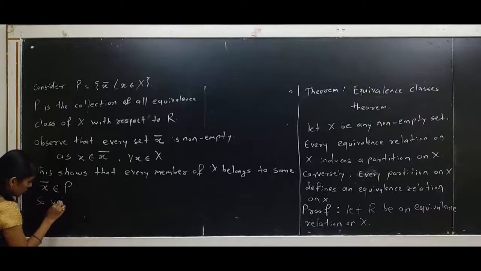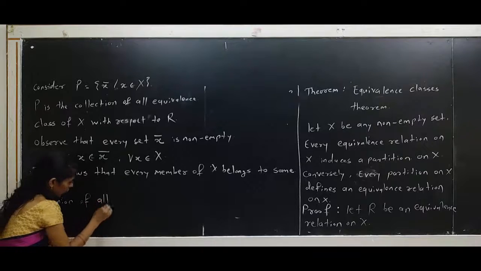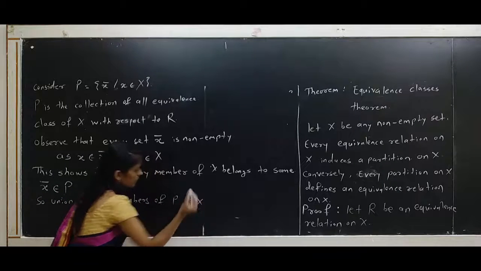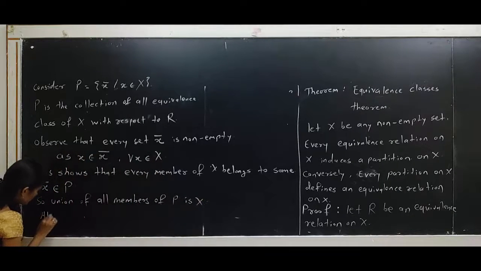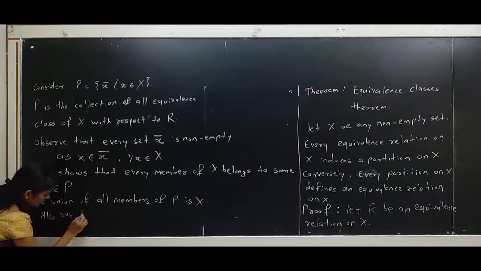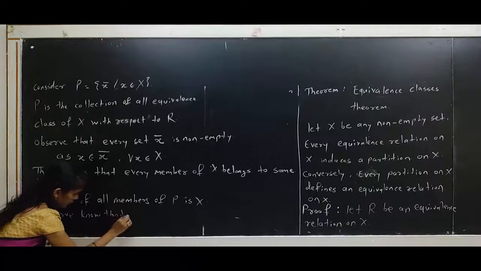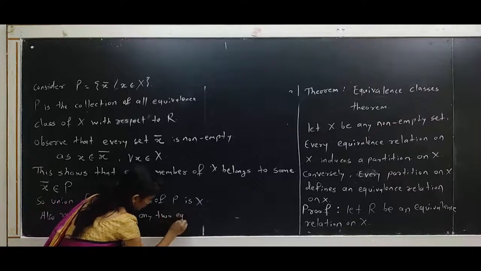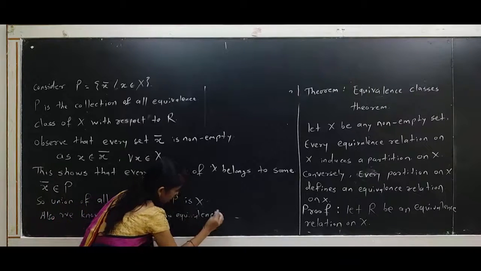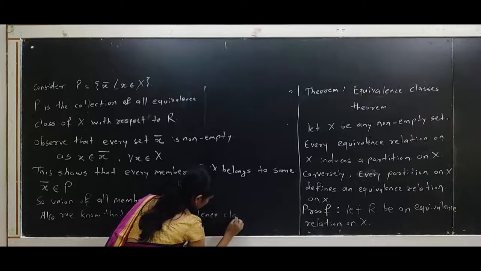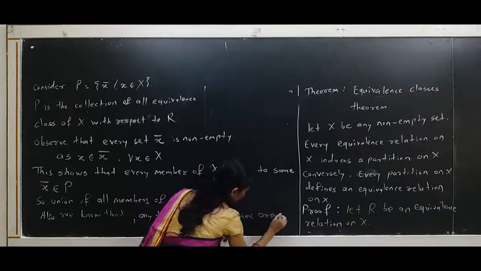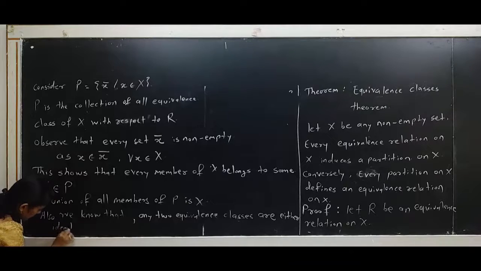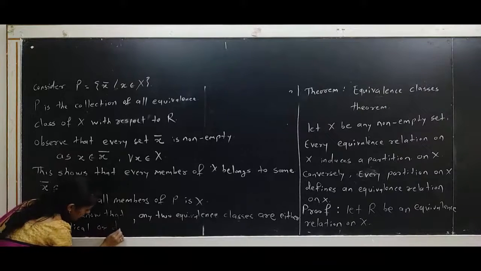Okay, so union of all members of P is X. And also we know that any two equivalence classes are either identical or disjoint.